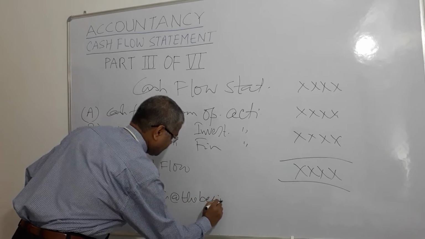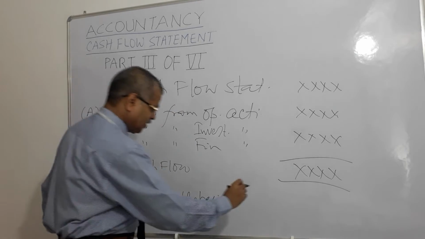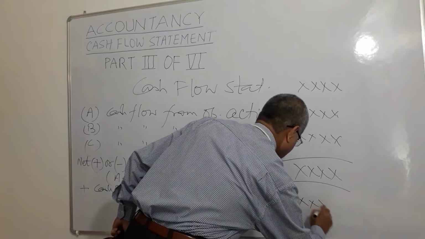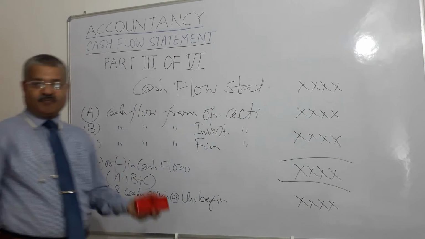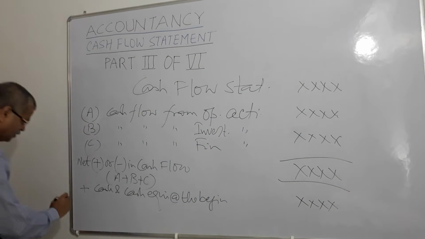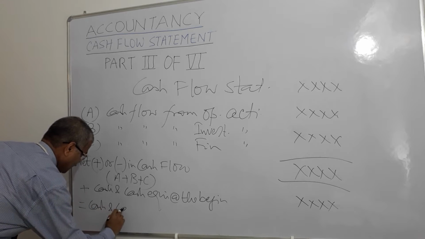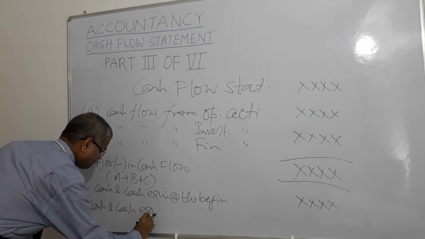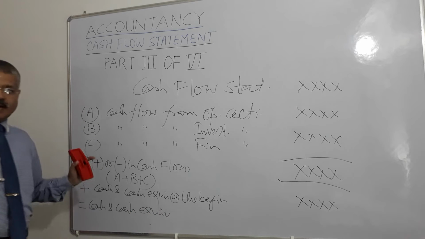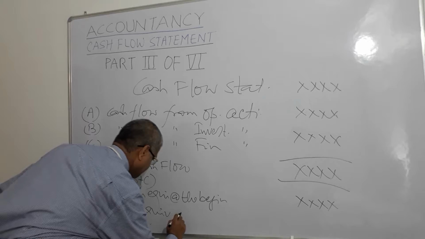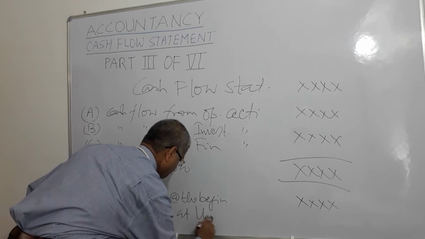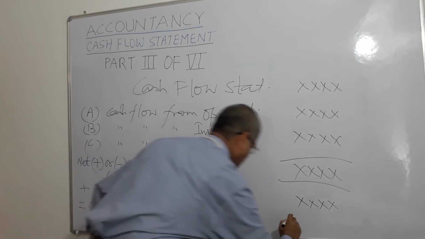Whatever was there at the beginning will be added, and finally we get cash and cash equivalent at the end of the period, right?